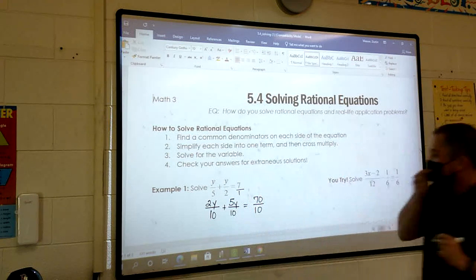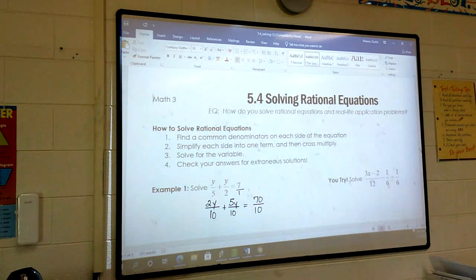Okay? So now what you've done is the least common denominator. That means you got all of the bottoms of your fractions equal to 10. Once you have all the denominators the same, meaning that they're all 10, then you can actually cancel them out, okay?